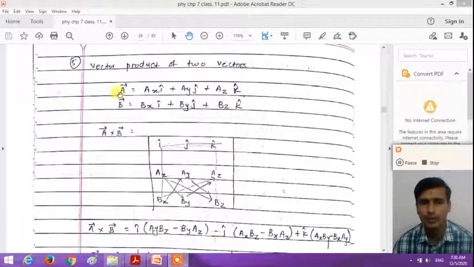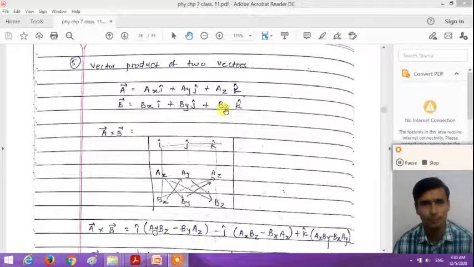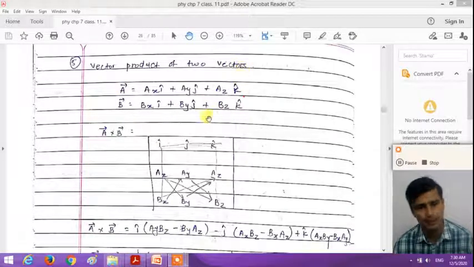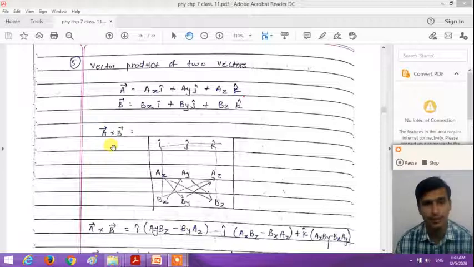So the three components of vector A in the direction of x, y and z, Ax, Ay and Az, are given to you. Vector B is given to you as Bx i plus By j plus Bz k. Suppose we want to find the vector product of these two vectors. Here, dear student, we know that A cross B and B cross A are not the same.